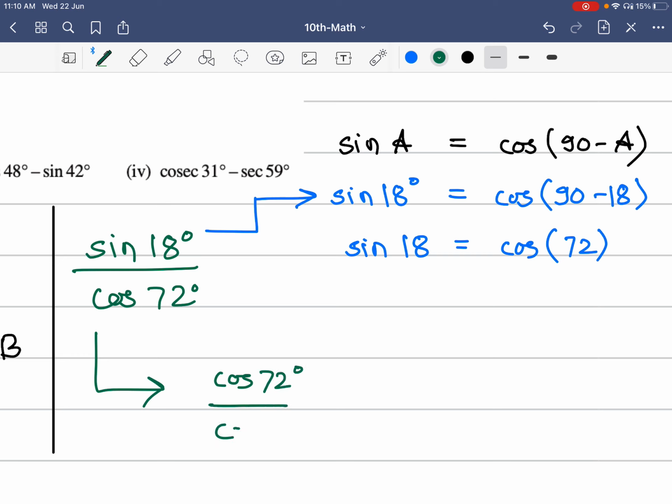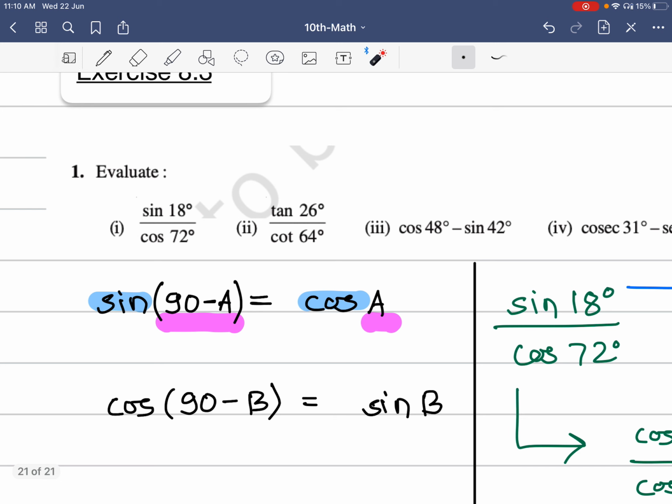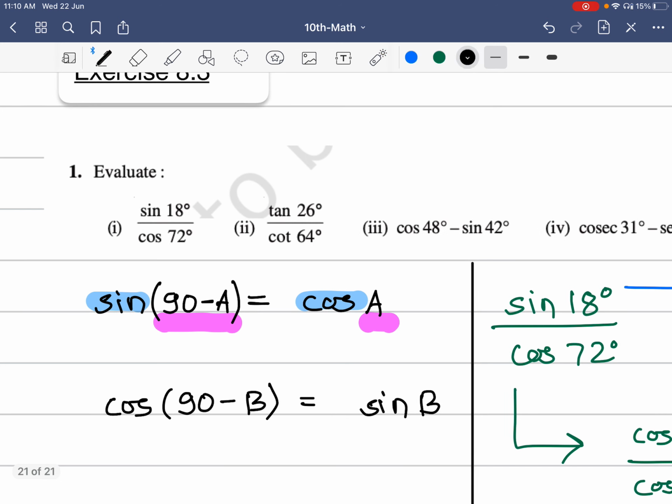These are exactly the same values, like a by a or b by b, so they will just cancel out each other and we are going to get 1. So the value of the first expression, sine 18 divided by cos 72, is equal to 1.